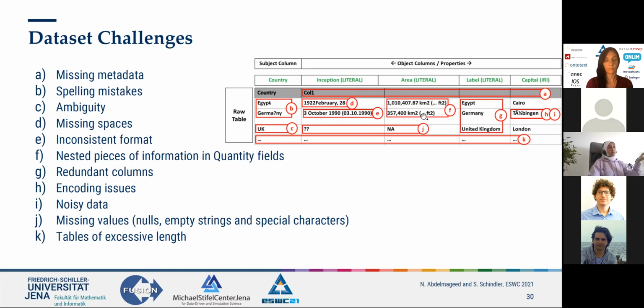Some cells have multiple pieces of information in the same cell value. Redundant columns are detected here. We have some kind of noisy data; I would expect Berlin inside this column instead of Tübingen, for example. And we have some missing values, not in one format, but in more. And finally, the excessive length of tables.